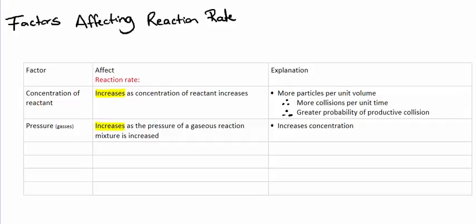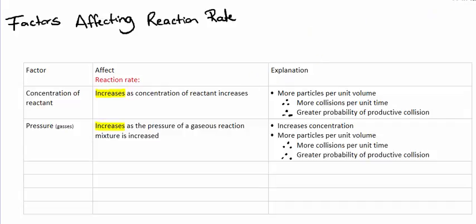So all of those factors that we just looked at for why increasing the concentration increases the reaction rate apply here. So once you increase the pressure, you increase the concentration, which means that there are going to be more particles per unit volume, therefore you're going to have more collisions per unit of time, hence the greater probability of productive collisions.